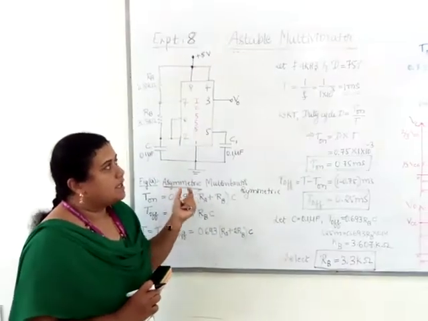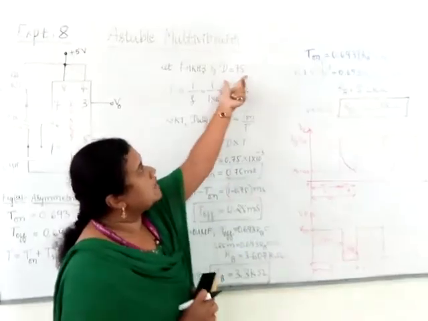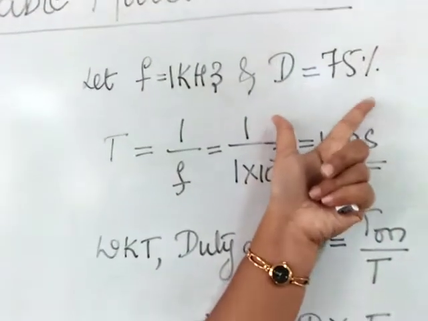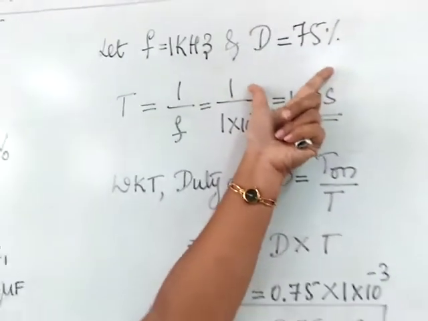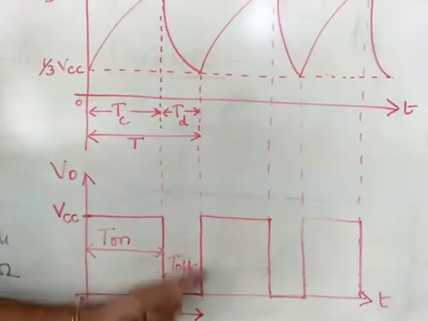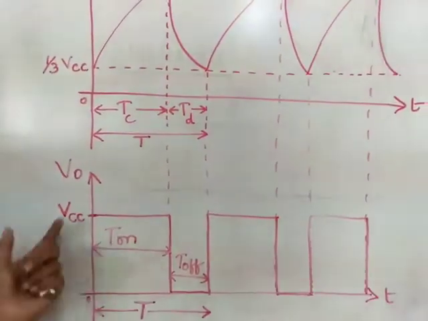Since the duty cycle we have assumed is 75%, we are not able to get equal widths of on and off, so this type of waveform is said to be asymmetric.